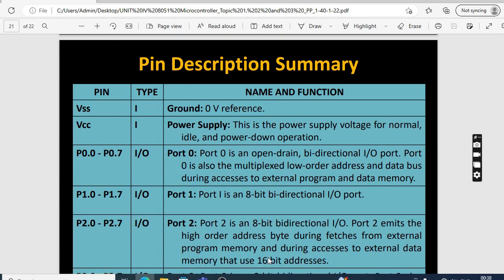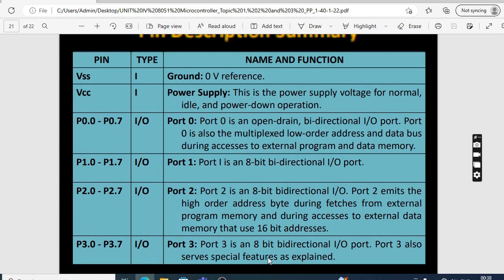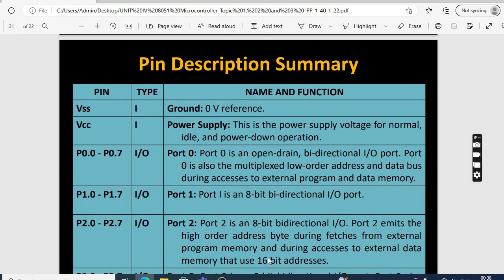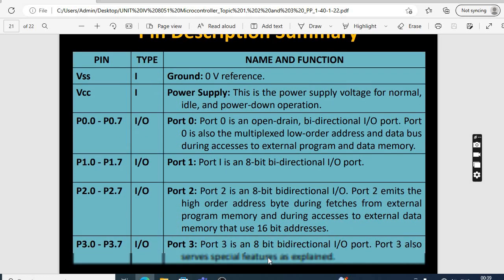This is a quick summary of the 8051 pin diagram descriptions. VSS is meant for the ground and VCC is meant for the supply, and P0.0 to P0.7, 8 pins, are meant for port P0 as an AD port. Similarly, port 1 is 8-bit and bidirectional.